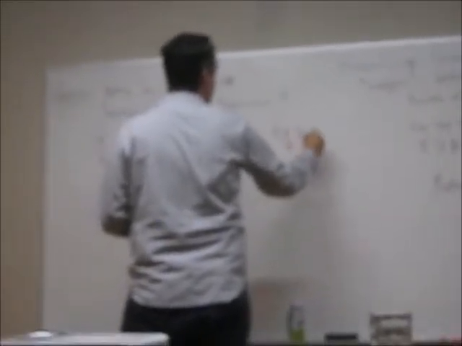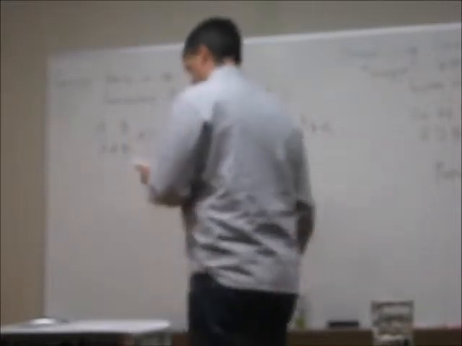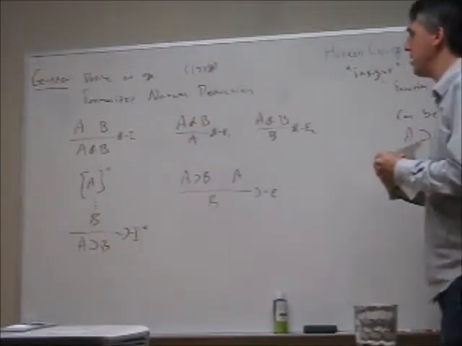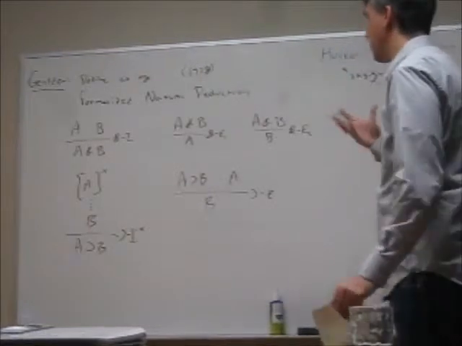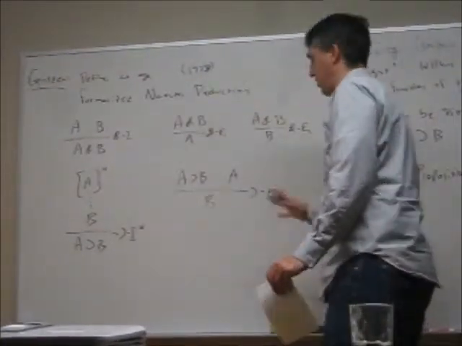He showed that you can introduce rules and you can eliminate rules. So he defined what natural deduction meant, and in doing so, brought more formalization to how we talk about proofs.